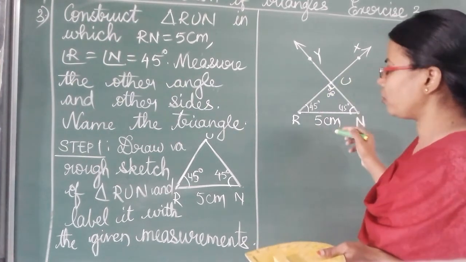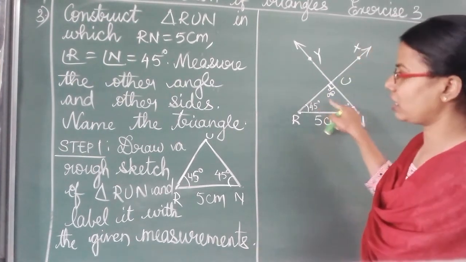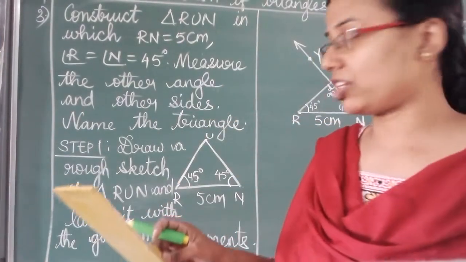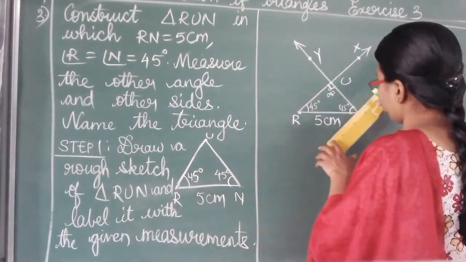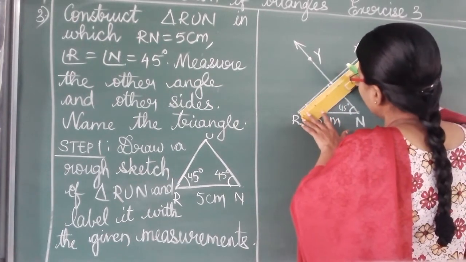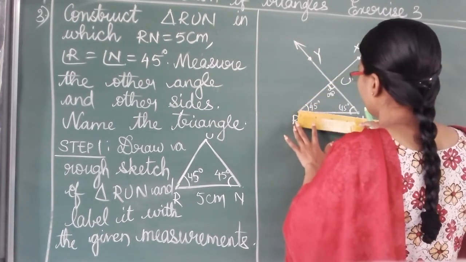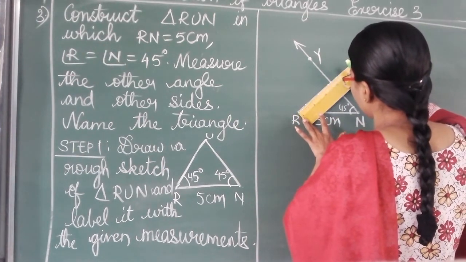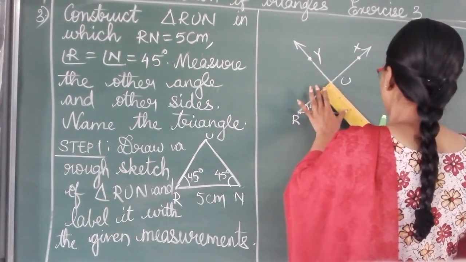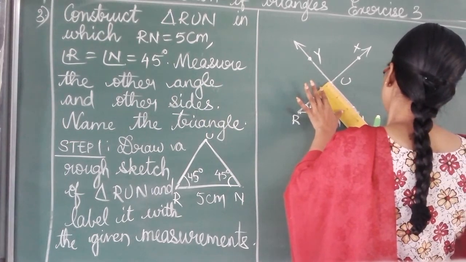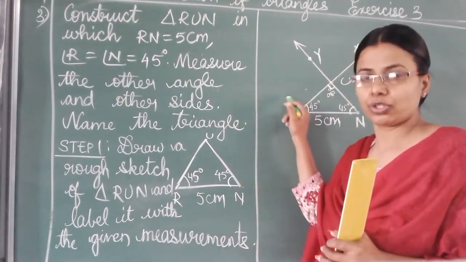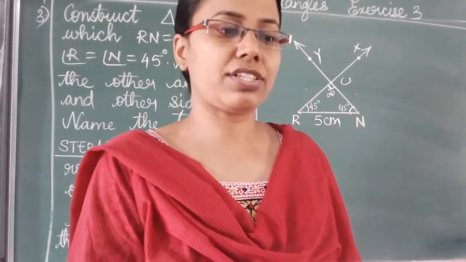They asked you to measure the other angle and the other sides. Now use your scale and measure the other sides. This part, so this is 20 and this is 15, so whatever measurements you are getting, you write the measurements that side.